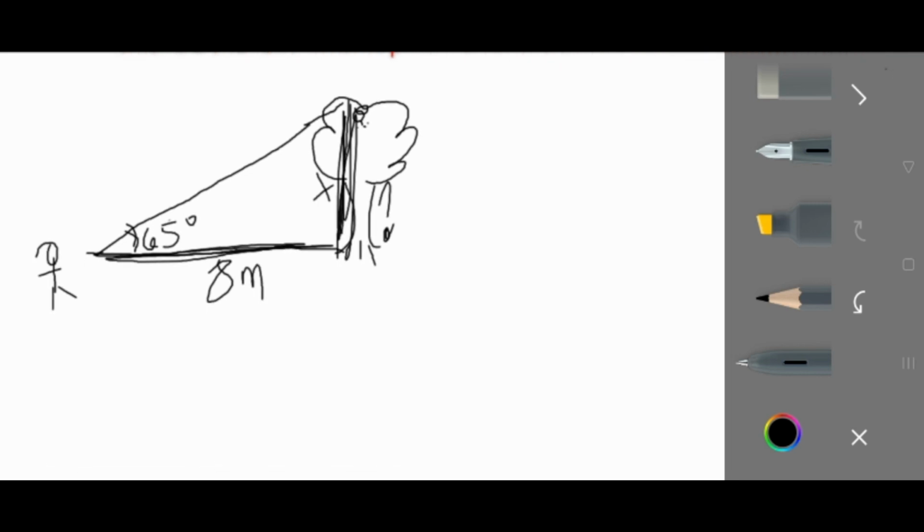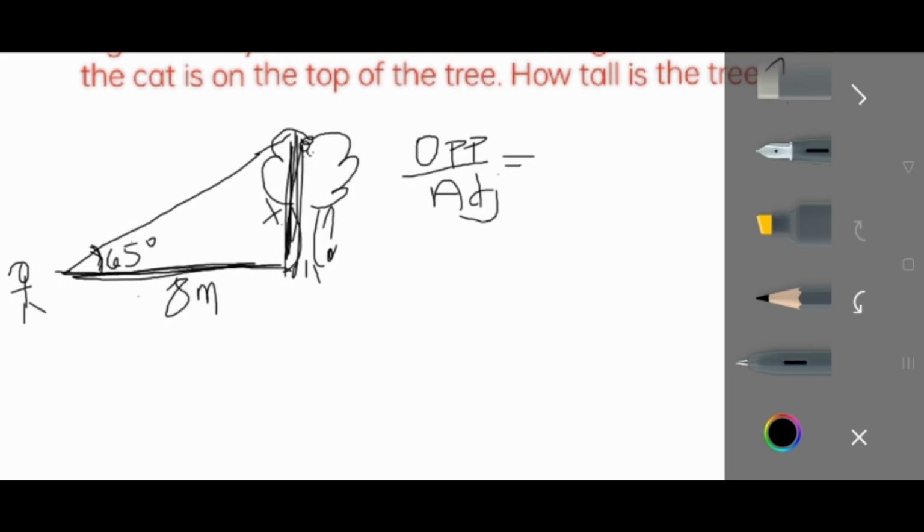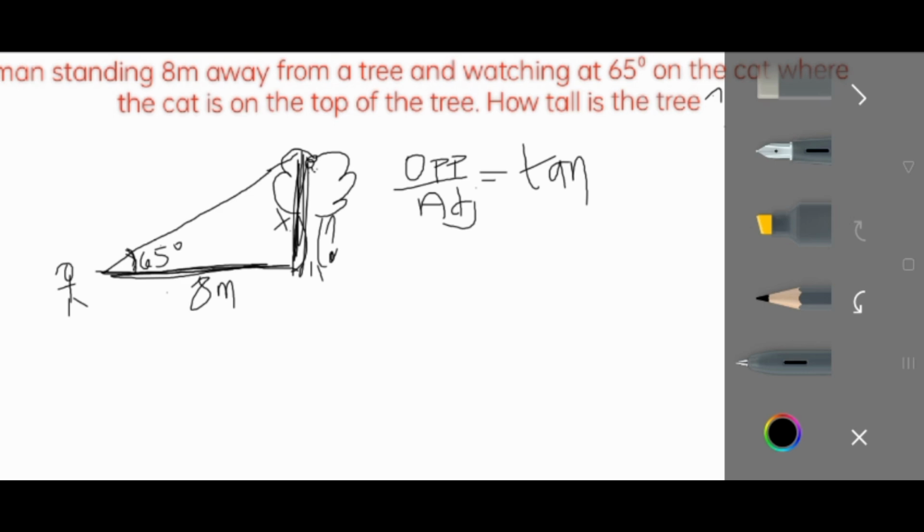We have the opposite of the angle and its adjacent, and the formula for that is tangent. We all know that tangent theta is equal to the opposite over the adjacent.